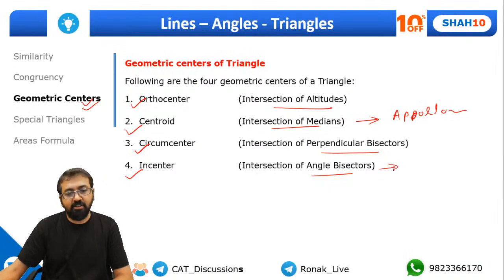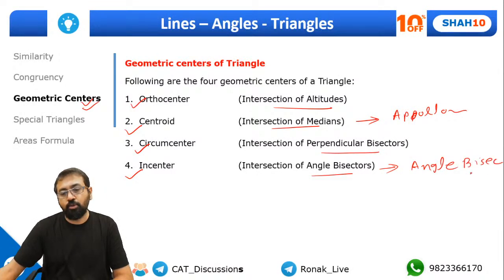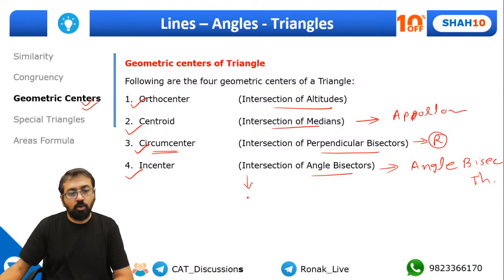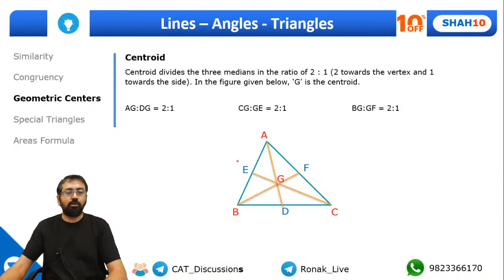And whenever we talk about angle bisector, there is the internal angle bisector theorem. So these two theorems you should remember. Okay. Whenever we talk about circumcenter, we are talking about circumradius. Whenever we talk about incenter, we are also talking about inradius, right? So let's quickly look at that.